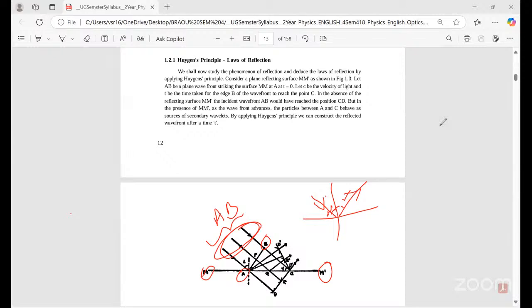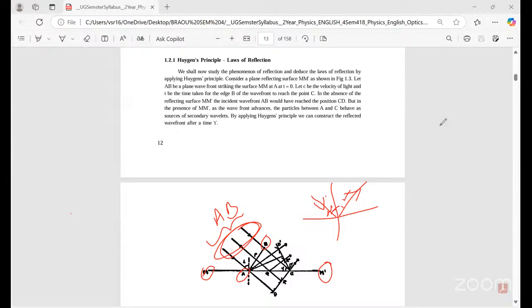Why? Because it is smooth. And in the absence of the reflecting surface, the incident wavefront AB would have reached the position CD.